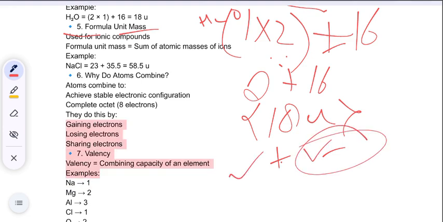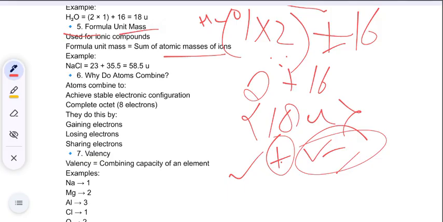It will be negative, because whenever you gain electrons, you have negativity. Whenever you lose electrons, you get positivity. Now formula unit mass is simple: sum of atomic mass of ions.